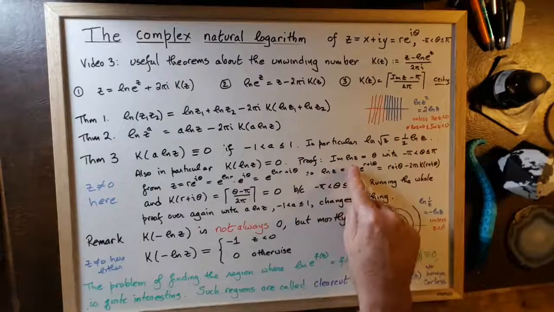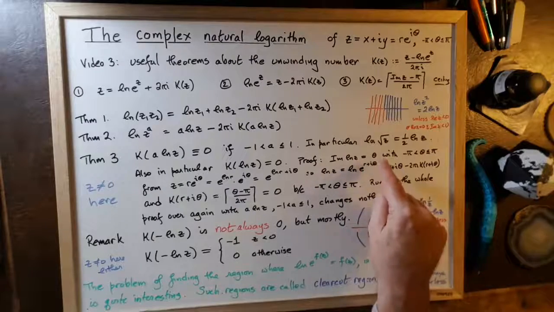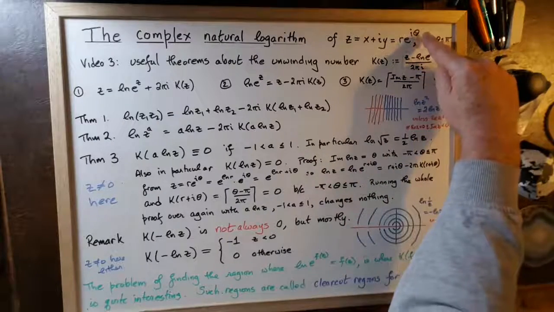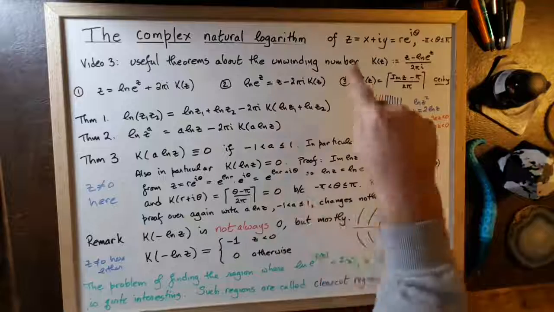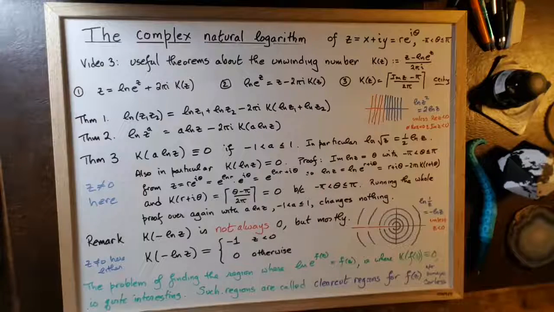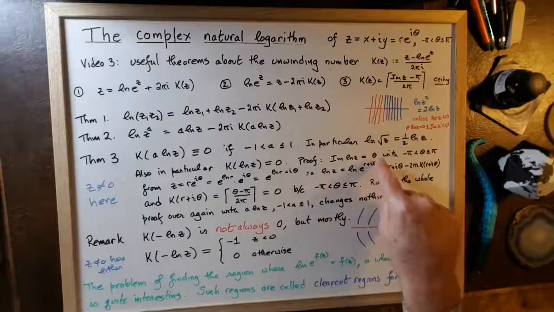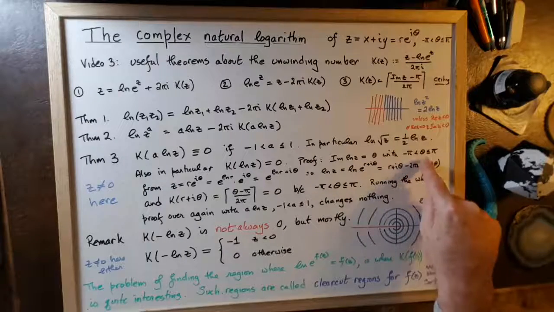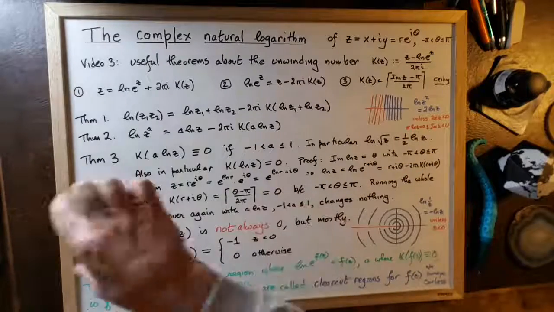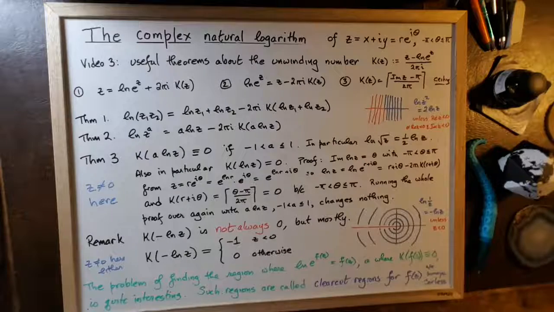The imaginary part of log of z is in fact theta, where theta comes from the polar form of z. That's actually itself something that takes getting used to, but it is a very useful fact. And that angle theta lies in the range minus pi less than theta less than or equal to pi, which is our strip where the unwinding number is 0.